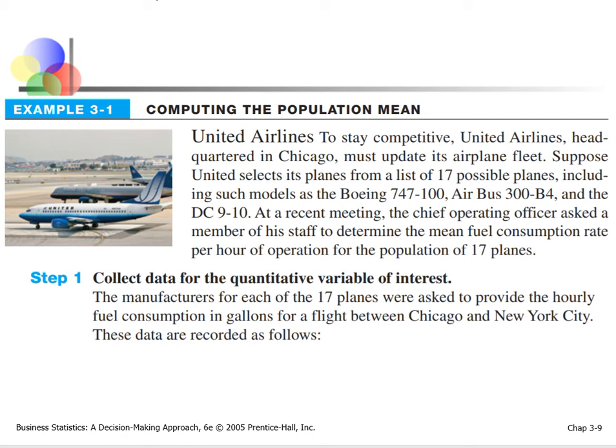At a recent meeting, the chief operating officer asked a member of his staff to determine the mean fuel consumption rate per hour of operation for the population of 17 planes. Okay, so the problem is that from the 17 planes, they will get the fuel consumption, and then find the average.